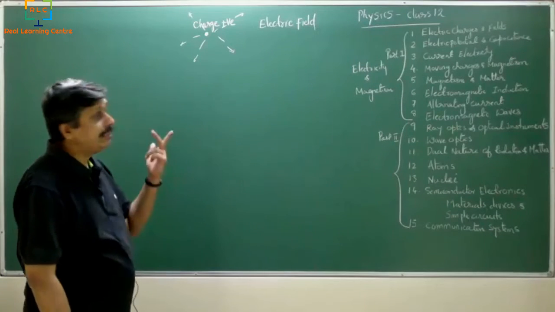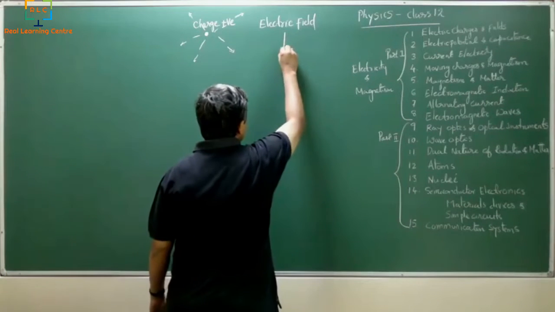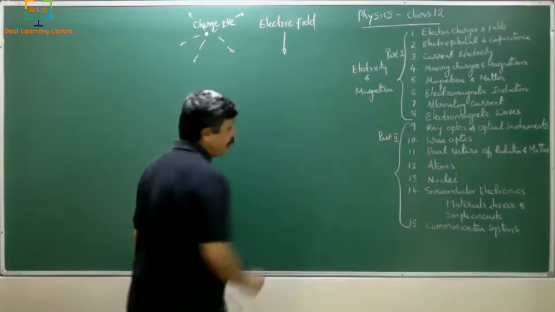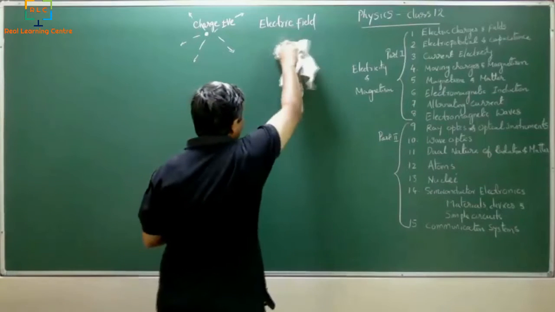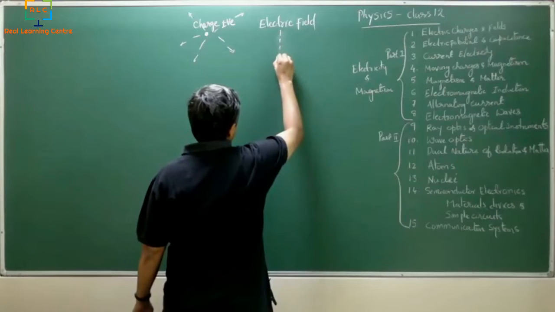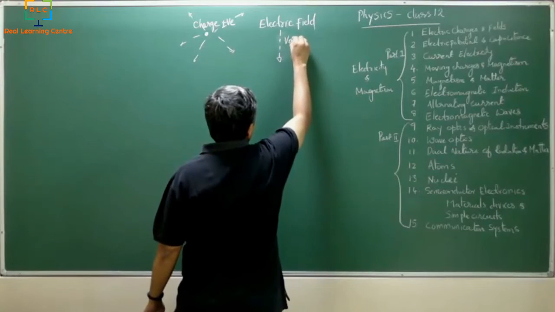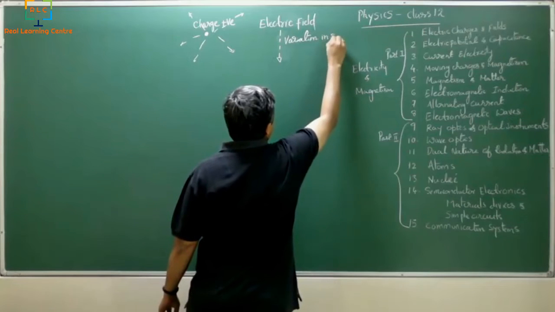And then that electric field, if it is not uniform, and let us say it is varying in space, we call it variation in space.